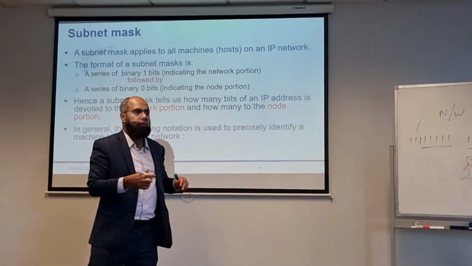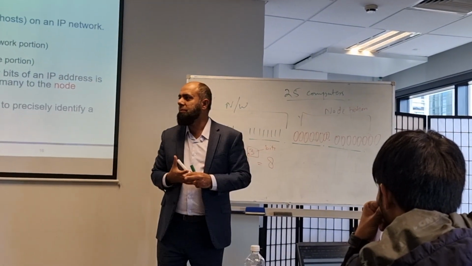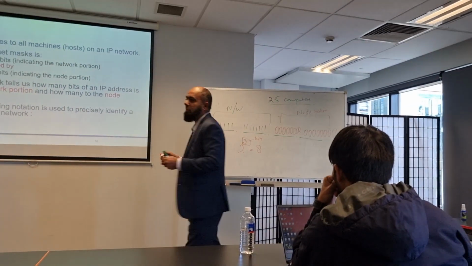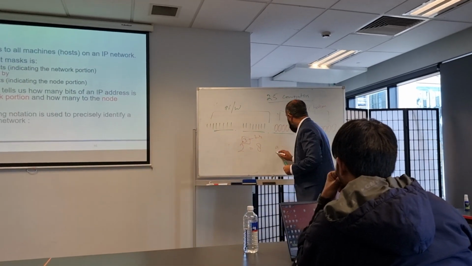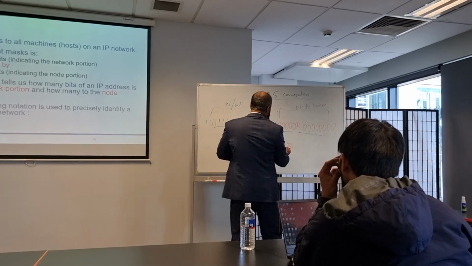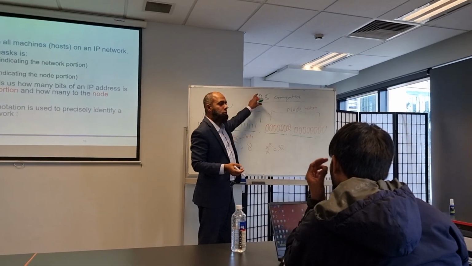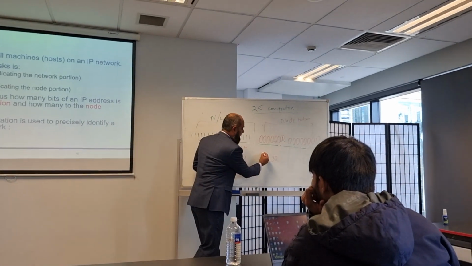But I need 25. So how many bits do I need free? 2 power 5. Because 2 power 4 is 16, and 2 power 5 is 32. That's enough to accommodate those 25 computers. So how many bits do I need free? 5.